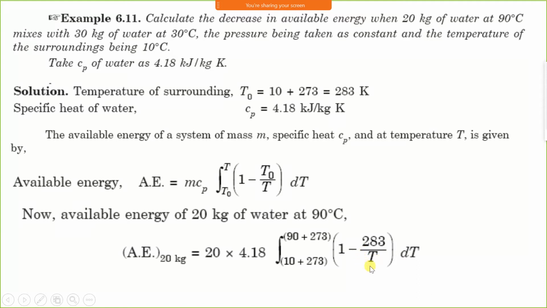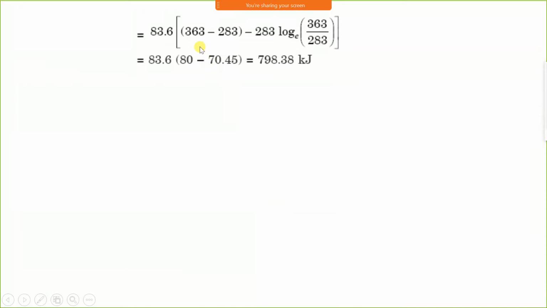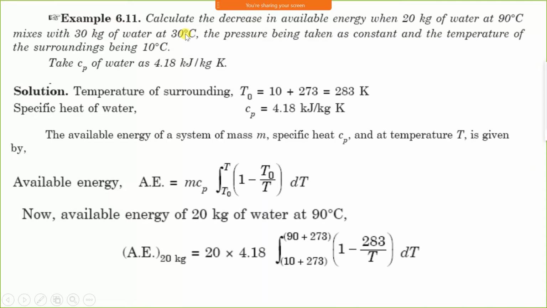I have written T here because I have to integrate it first. When we apply integration, first of all we apply integration to 1, and the integration of 1 with respect to dT is T. Now apply the limits to T. It will be upper limit minus lower limit, and the upper limit is 90 plus 273 and the lower limit is 10 plus 273.